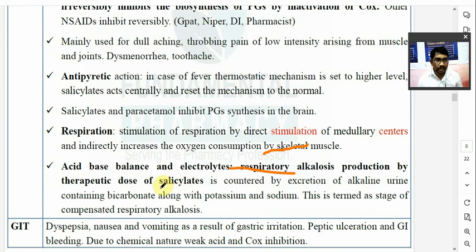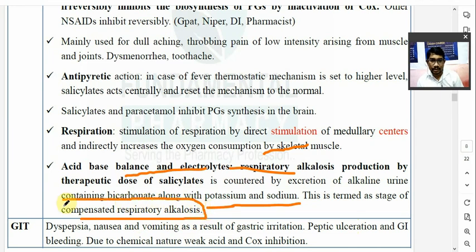So in the kidney, the carbon dioxide is converted to bicarbonate ion, and that bicarbonate ion is removed. Okay. So during the removal of bicarbonate through kidney, sodium and potassium is also lost. That's why electrolyte imbalance. And this stage is termed as a compensatory respiratory alkalosis.